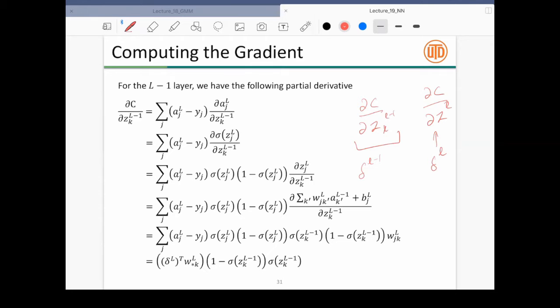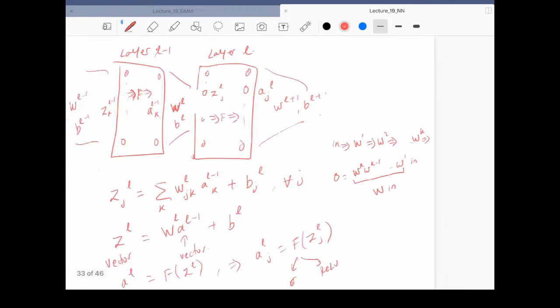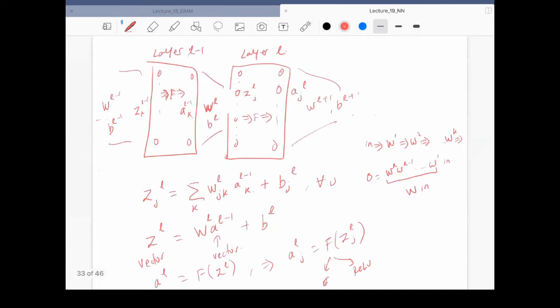So essentially this function is at the L minus 1th layer. If you recall, z_j at the nth layer is equal to this weighted sum of a^(L minus 1) plus b^L. So you have this weighted sum over the previous layer.